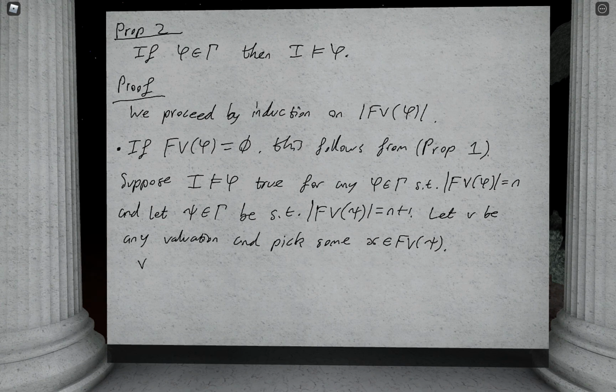Now think about v of x. This is some object in the domain, so it's some equivalence class of closed terms. So now with classical magic, pick some t in that set of closed terms.